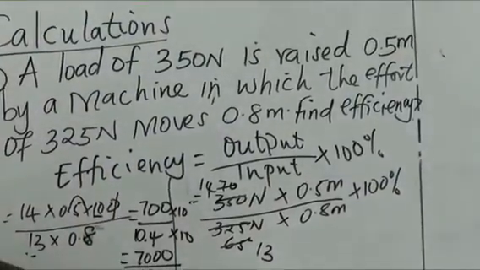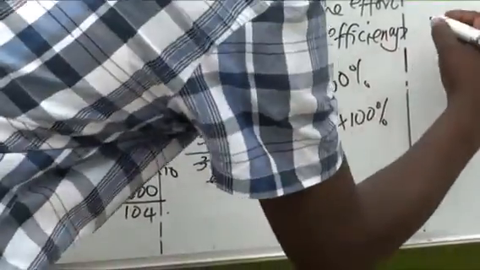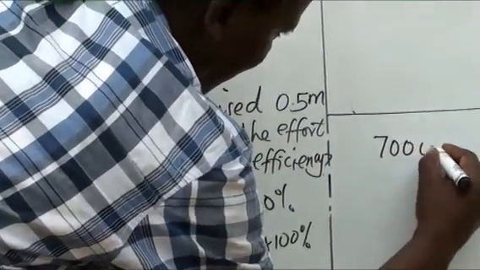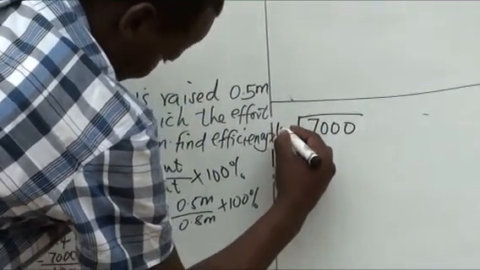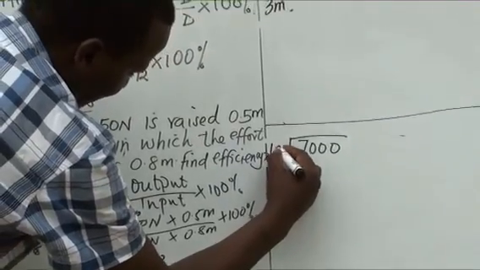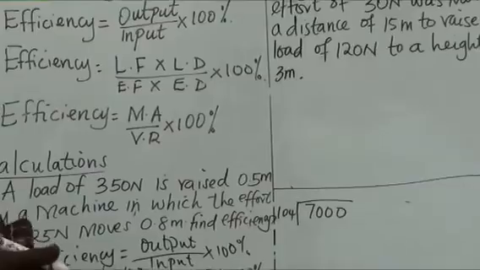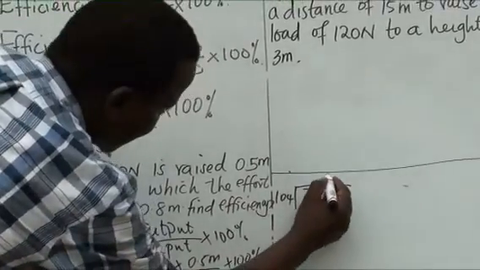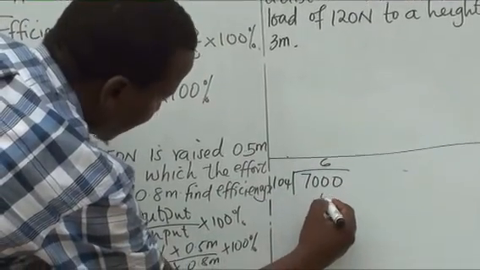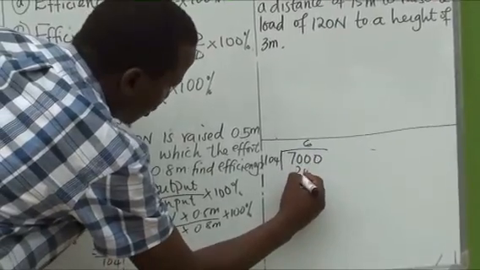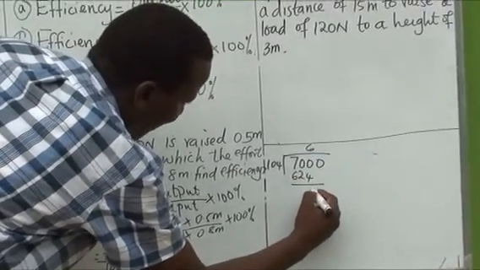Please, let's come to this side. We can use this side to complete this question. So I have 7,000 divided by 104. How many times? Times 5, times 6, yes, times 6. 6 times 4 is 24, carry 2, and that is 6. When you minus, we get 6.